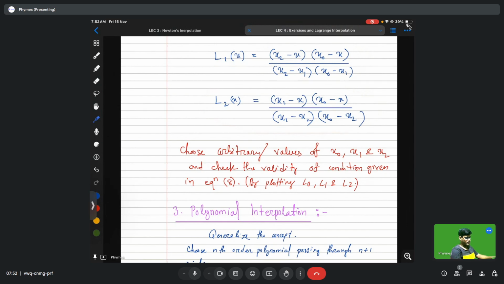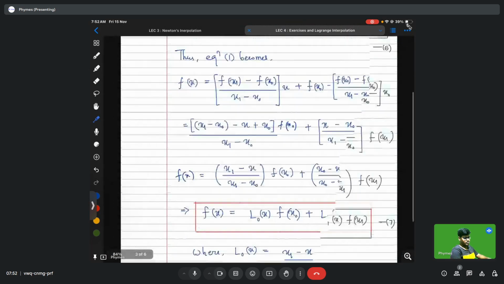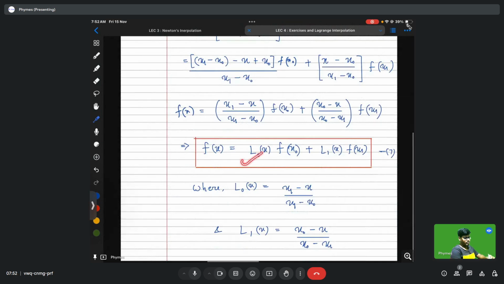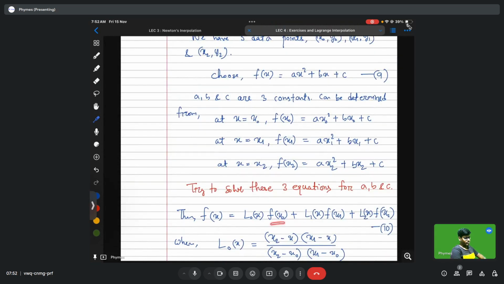These are the Lagrange polynomials for quadratic interpolation. Similar to the previous case, the function is L0 f of x0, L1 f of x1, and there is an extra term for the quadratic interpolation, L2 f of x2.